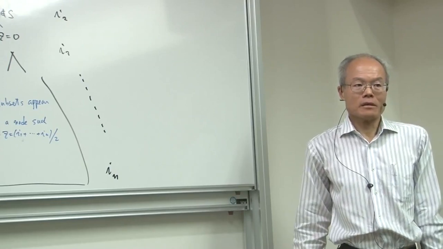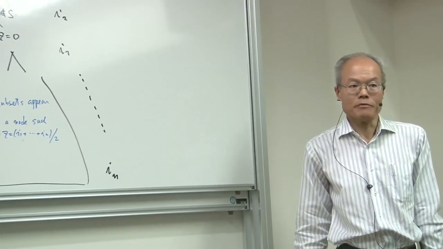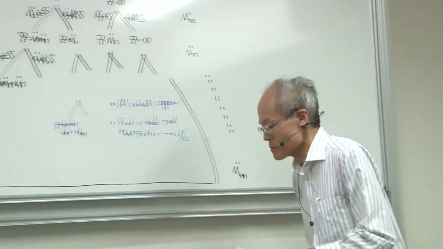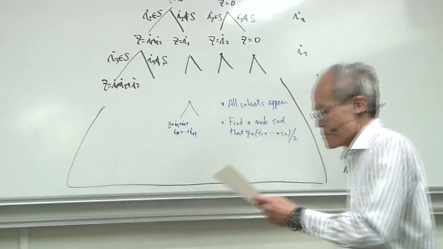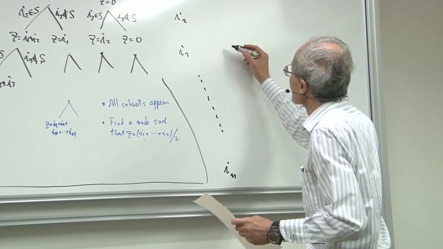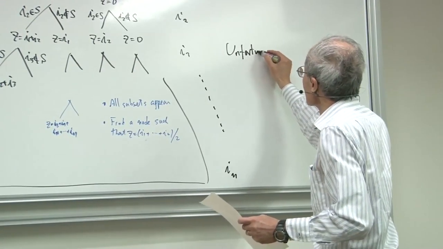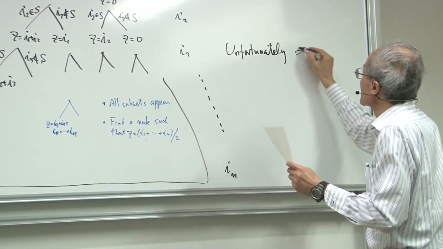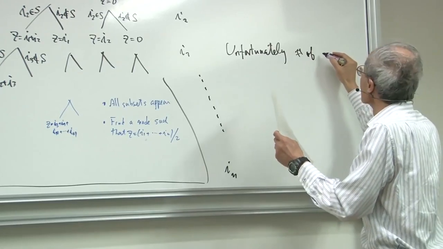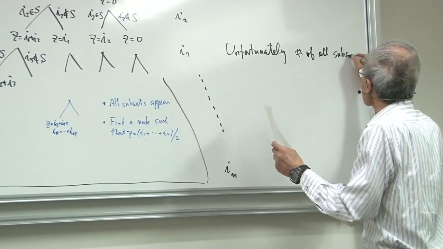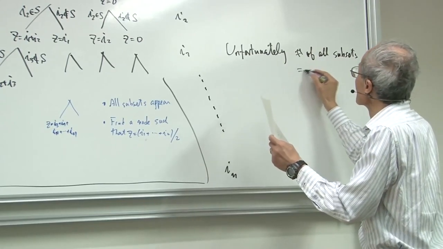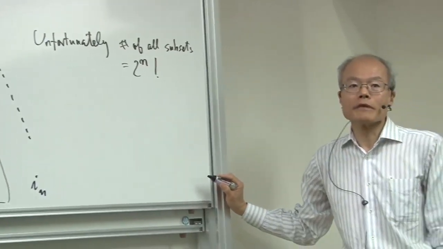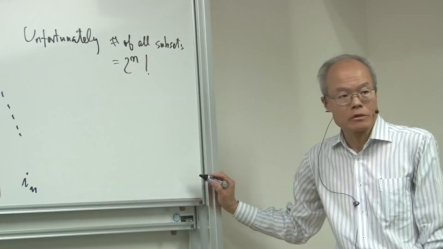But this procedure has a big problem, namely it is not efficient at all. Because the number of all different subsets is equal to 2 to the n.